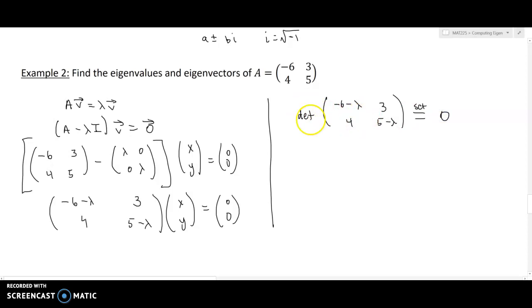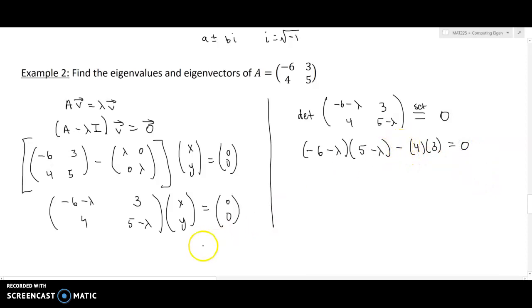We're doing that to force the determinant to be 0, and if it is 0, the system will have infinitely many solutions. So again, we compute the product, (-6 minus lambda) times (5 minus lambda) minus 4 times 3, and solve for lambda while that's set equal to 0.